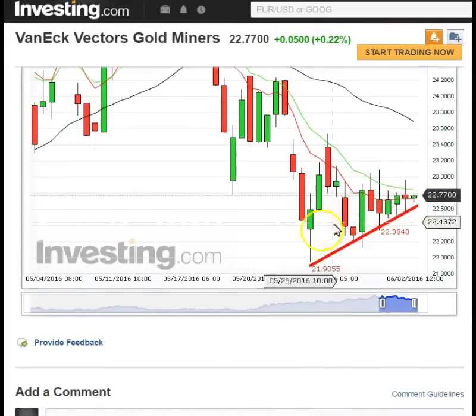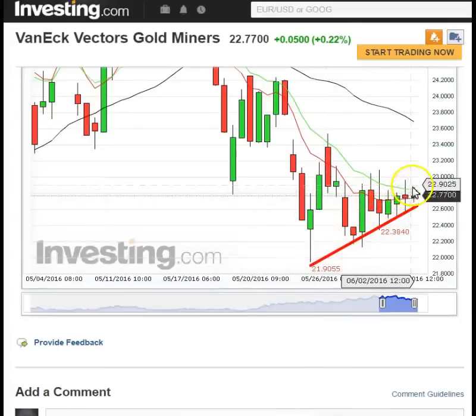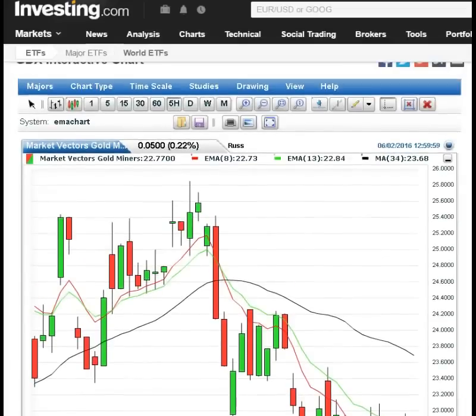This looks bearish, that pattern, this long trend line here. It's pretty steep. That can just crack down at any moment. So let's see what happens.